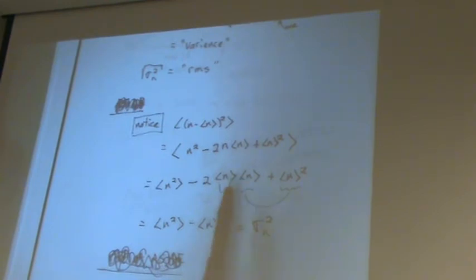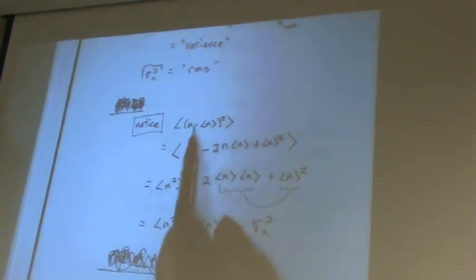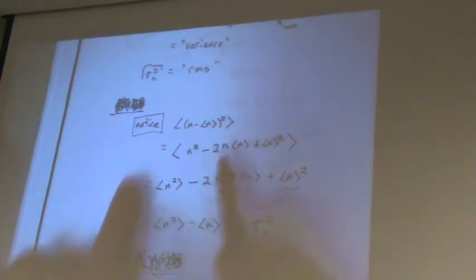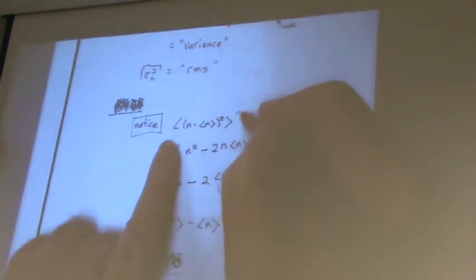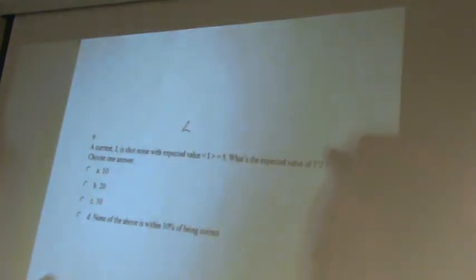Now, the variance can be defined as the average, where pointy brackets mean average. So, shot noise.